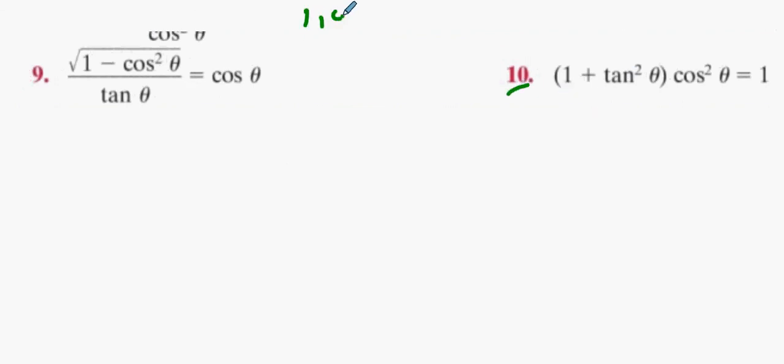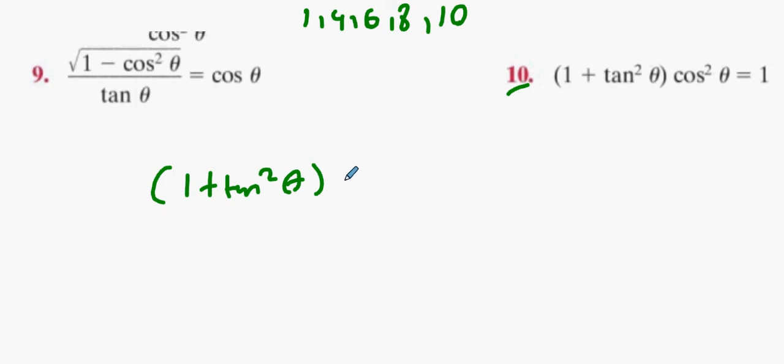4, 6, 8, 10. Now, 10 is 1 tan squared theta multiplied with cos squared theta. I tend to get rid of the tan squared first.